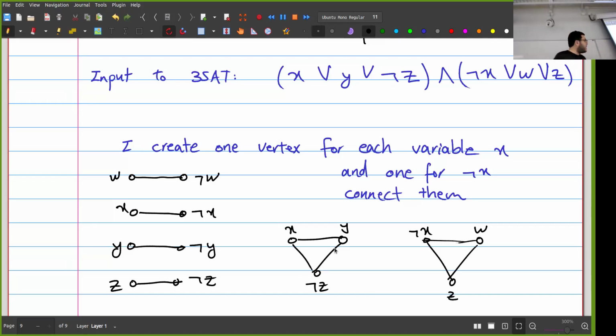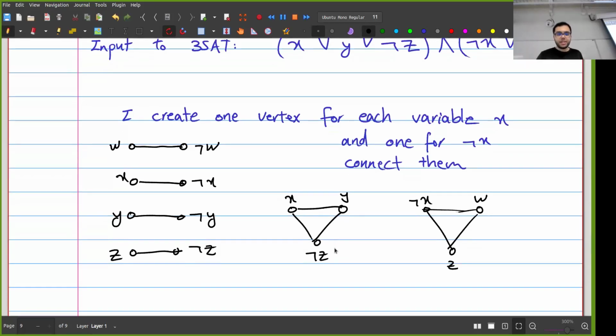But right now, my variables and my clauses are completely independent of each other. That's not how three-set works, right? I have to somehow make sure that they actually correspond to each other. So here's the idea. Let's say that from this clause, I want to pick X. So I want X to be in my independent set. What does this mean?